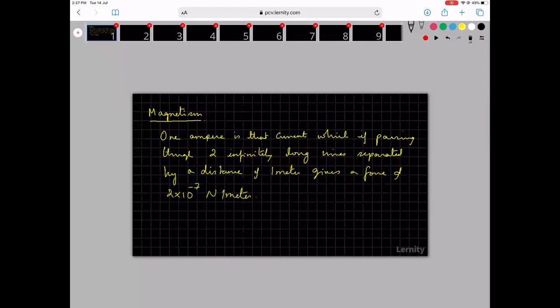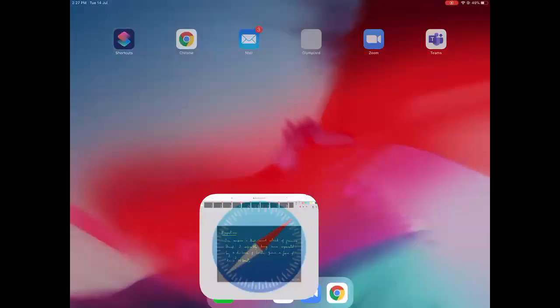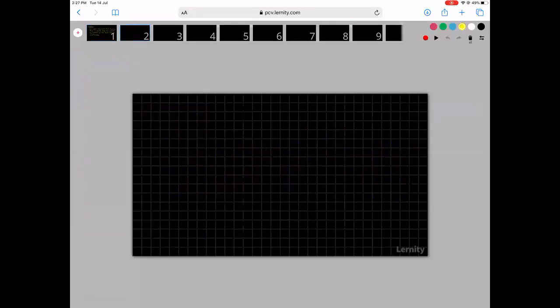I think I gave you this yesterday. So I think we have done most of it. Now I just have a few small questions to discuss with you. If there is a wire here, and a wire here, and the distance between the two wires is d, the magnetic field B into the plane of paper is mu naught I1 by 2 pi d.